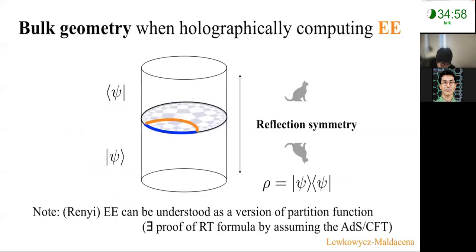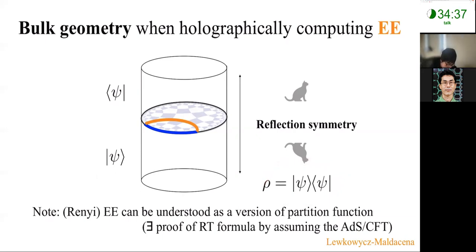And if we compute entanglement entropy holographically by using this dictionary, since we are interested in the density matrix, we have to consider a very particular type of geometry. It means that since we have a physical state, our density matrix has the same state in the bra and ket.